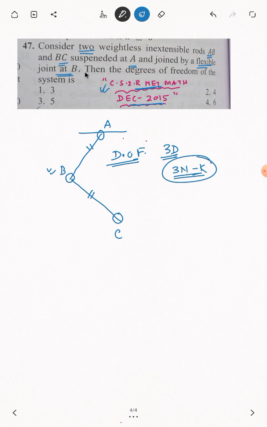Here we have two weightless inextensible rods suspended at A, joined by a flexible joint at B. So this point is fixed. We have in general a 3 particle system. One particle is here, the second is here, and the third is here.